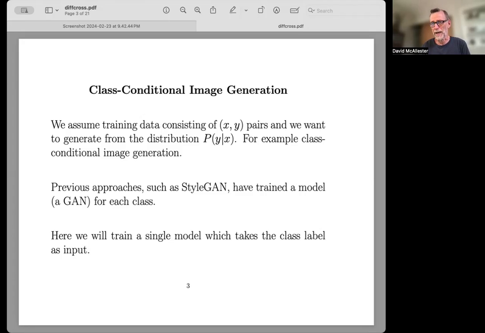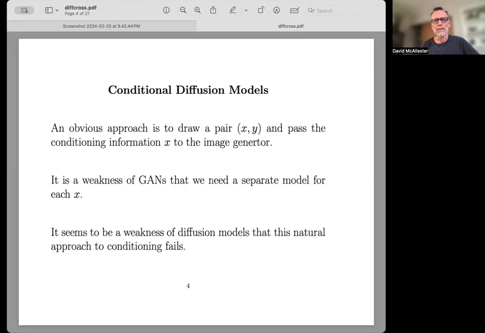So it's going to be one model that takes the word dog or the word face or whatever, flower as an input, but it's one model, and it's going to try to produce an image for that input. So that's what we're going to do. And this is called a conditional diffusion model, right? Because it's conditioned on, in this case, the class. Ultimately, we're going to condition the images on text, free-form text. But for now, at this time, 3 years ago, they were conditioning just on the class label.